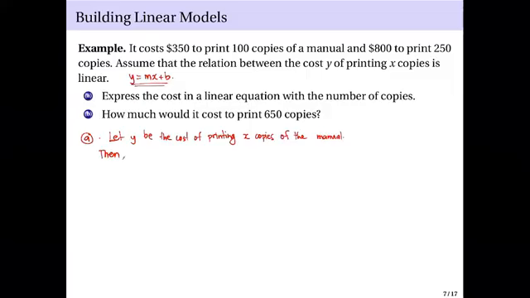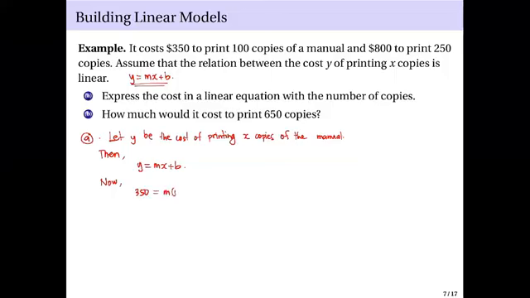Since it's linear, your y must be some mx plus b. Using this information, the cost is $350 if we print 100 copies.